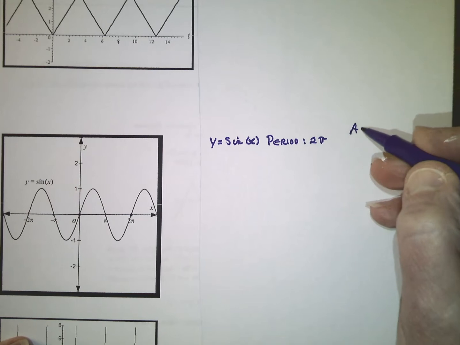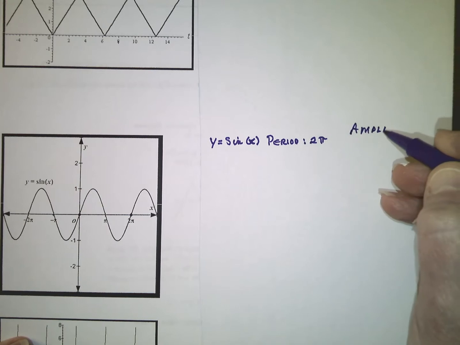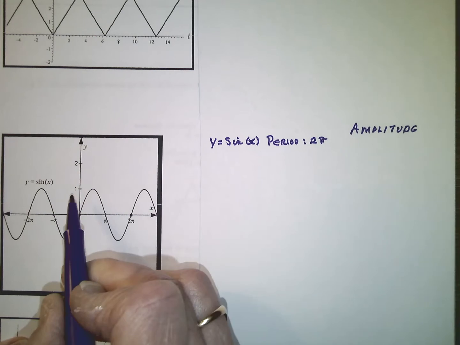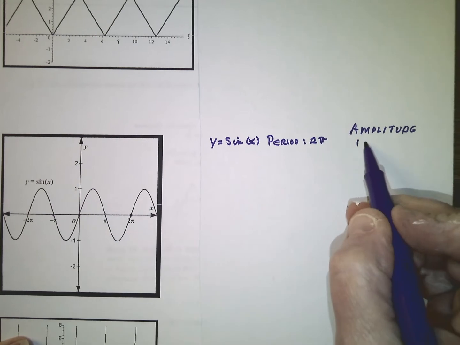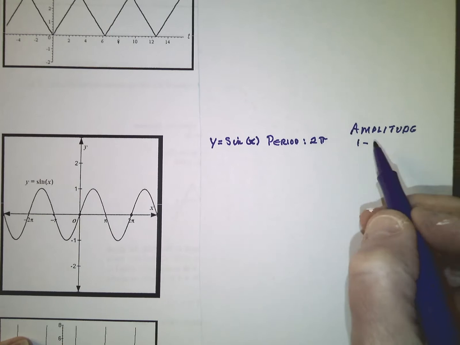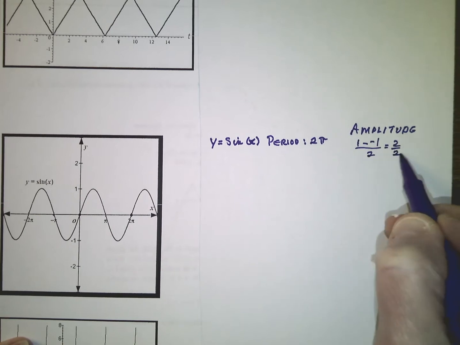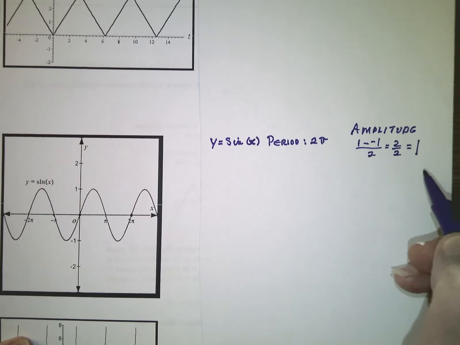For its amplitude, well, the highest y value is 1, minus the lowest y value, negative 1, divided by 2. That says the amplitude is 1.